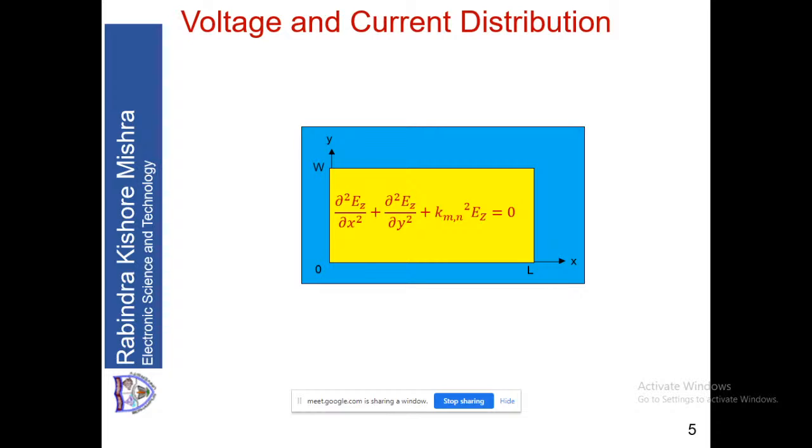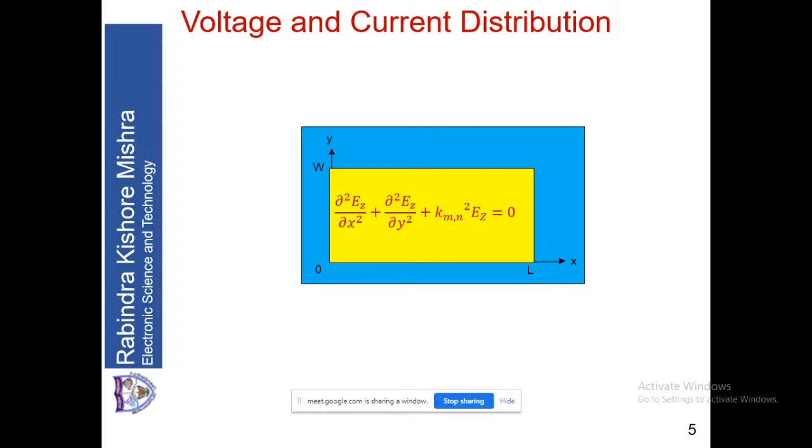Now on the four walls, that is along the x-axis from 0 to L, on both sides at y equal to 0 and y equal to W, we have open circuits.